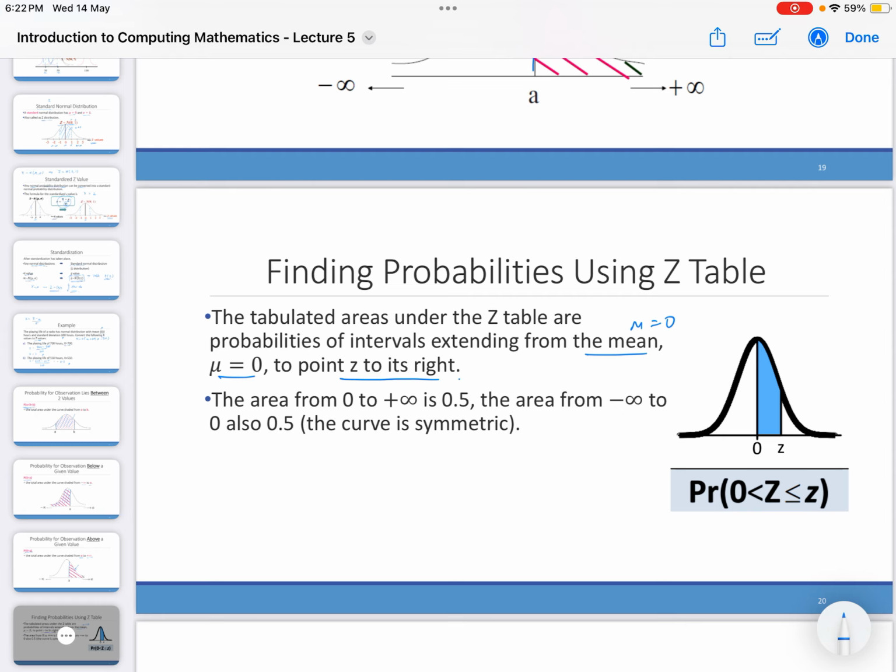So basically the probability using the Z table is the probability of Z from 0 to Z. The area from 0 to positive infinity, the right side, is 0.5, and the area from minus infinity to 0, the left side here, is 0.5 because the curve is symmetric.